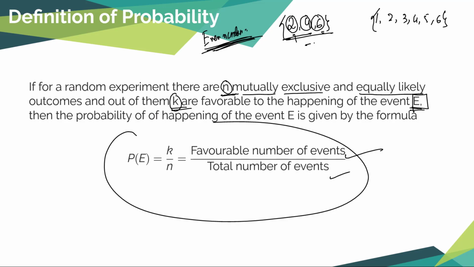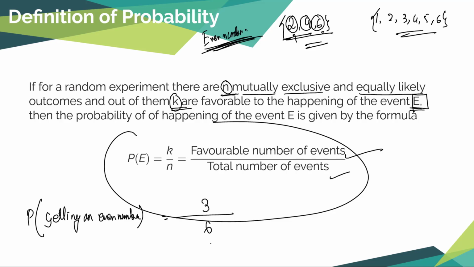So for example, in this case, if I am trying to find out the probability of getting an even number, right? Now how many cases supporting it? 2, 4, 6, that means 3 cases. And how many possible outcomes? 1 to 6, that means 6, right? So this will give you the probability 3 by 6, which is half, which can also be expressed as 0.5, right?